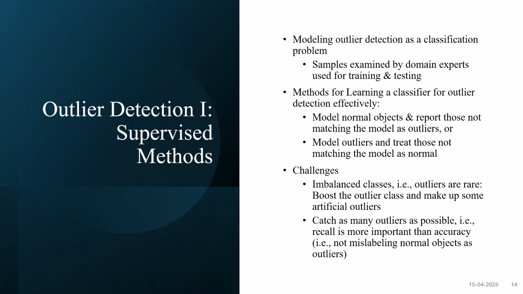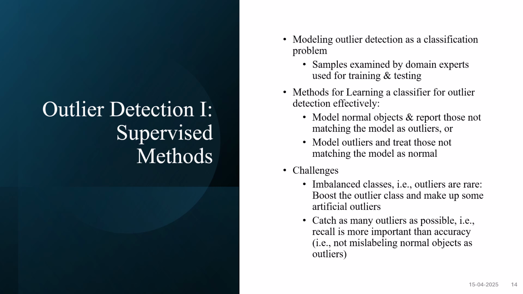Although many classification methods can be applied, challenges to supervised outlier detection include the following. The two classes are imbalanced. That is, the population of outliers is typically much smaller than that of normal objects. Therefore, methods for handling imbalanced classes may be used, such as oversampling outliers to increase their distribution in the training set used to construct the classifier.